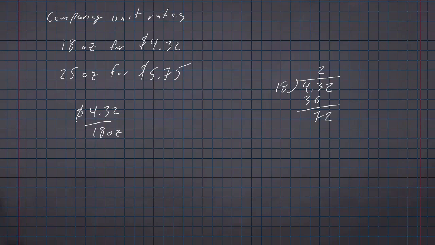I think that fits 4 times exactly. 4 times 8 is 32. 4 times 1 is 4, plus 3 is 7. Yep, that works out exactly. So the 18-ounce bottle is being sold at about 24 cents per ounce.